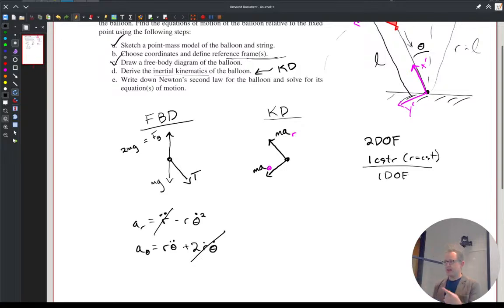So we're only going to have one equation of motion. We have a vector system, so it's still going to give us 2 equations, but only one of them is describing the actual independent equation of motion. Sometimes you have to add them together, but at the end of the day, 1 degree of freedom, 1 differential equation.